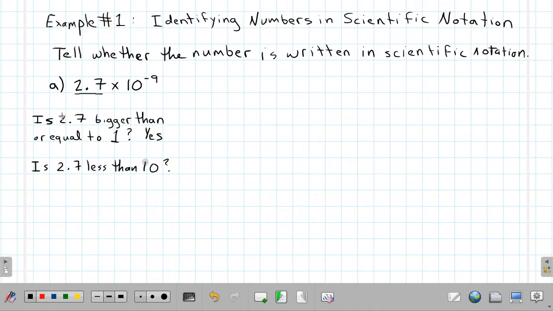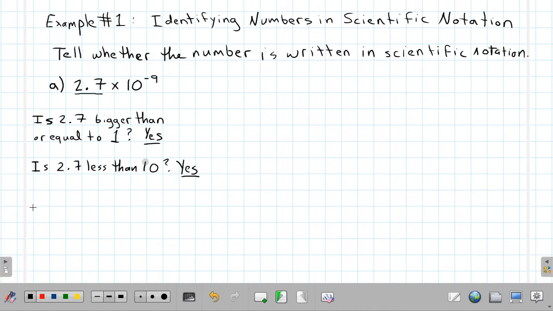There's no tens place with the number 2.7. Technically, if you wanted to, you could put a 0 out here, 02.7, and you wouldn't really change anything. But obviously 10 is bigger than 2, so this number is less than 10. So we've got yes, and we've got yes so far.